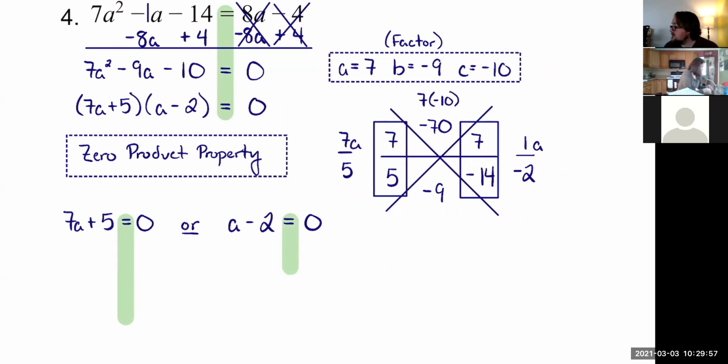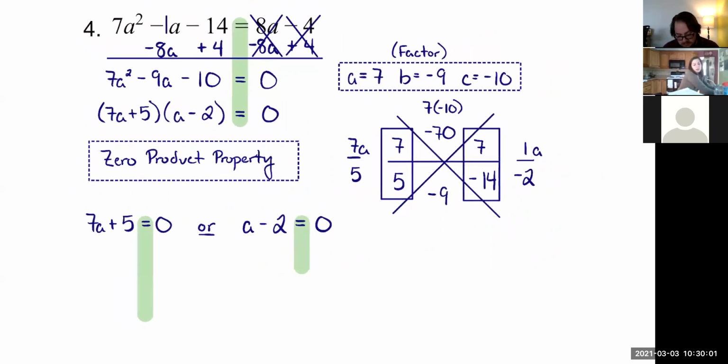How would you begin solving the first? Subtract 5 from both sides. So that removes it from the left, leaving me with 7a. 0 minus 5 is negative 5. Then what?